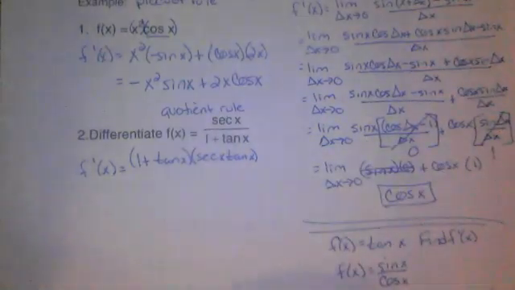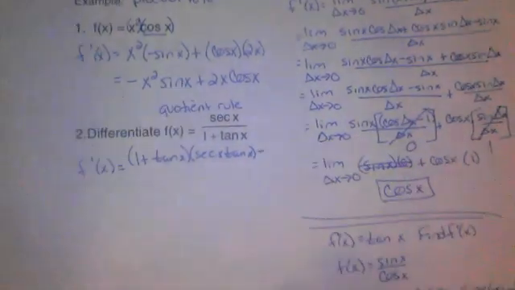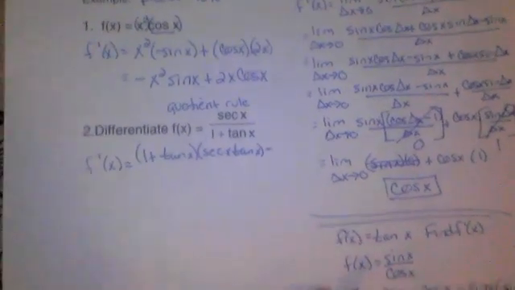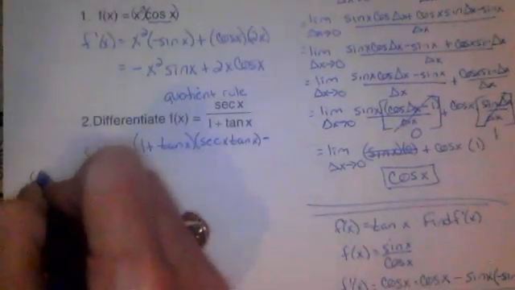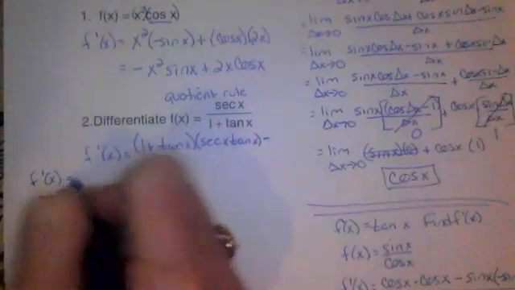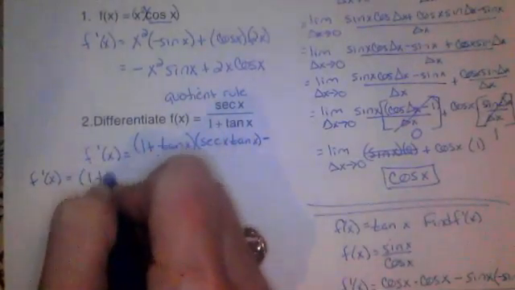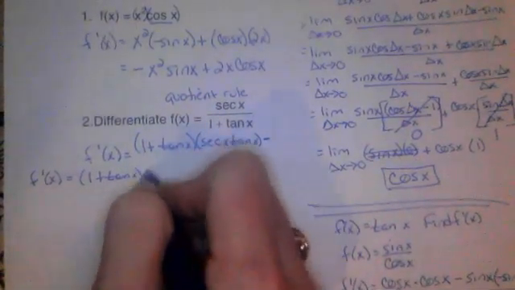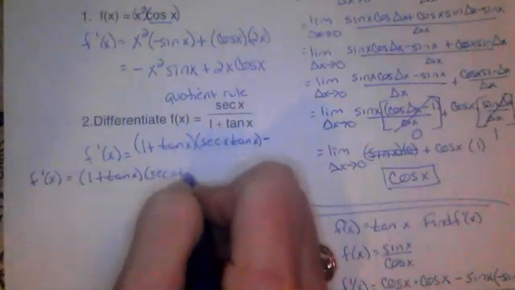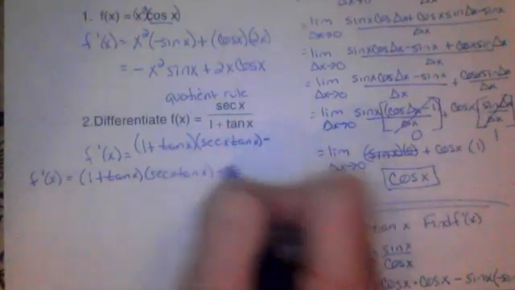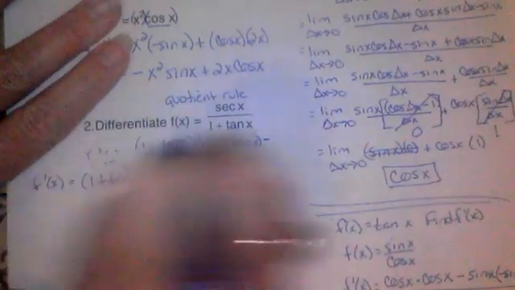Oh, I'm going to run out of room. Minus, I think I'm going to move this over. Actually, let me just rewrite it so I can scoot it over. 1 plus tangent x, secant x tangent x, minus, okay, I just rewrote it.